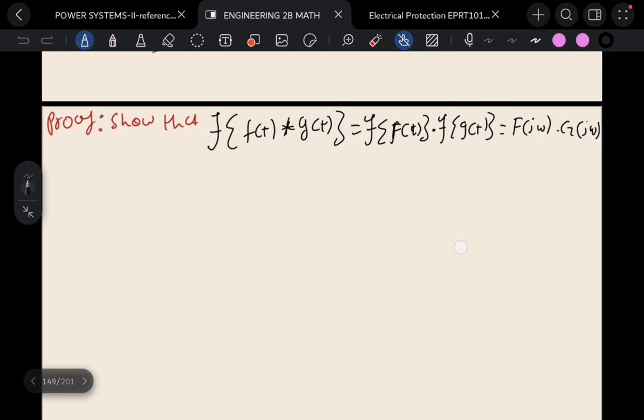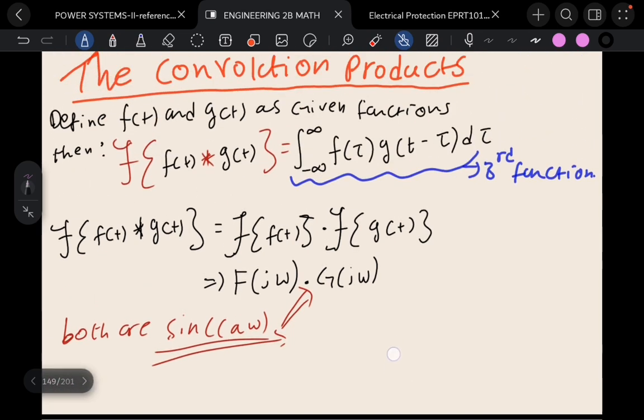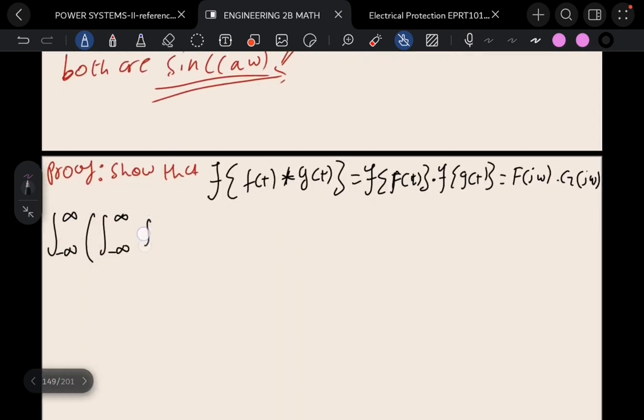The way you're going to prove this, you're going to say an integral from negative infinite to positive infinite of an integral from negative infinite to positive infinite of f of tau g of t minus tau e to the power negative j omega t dt. Now in this case, you can see that we have a problem.